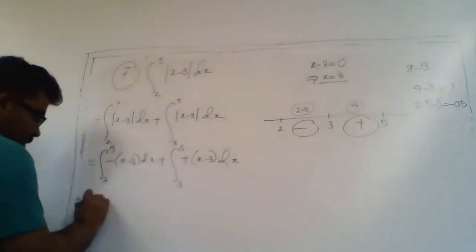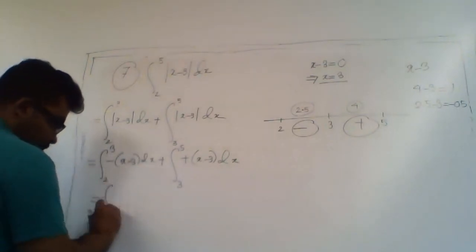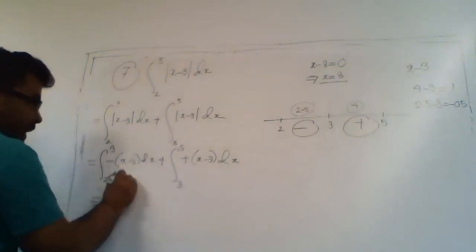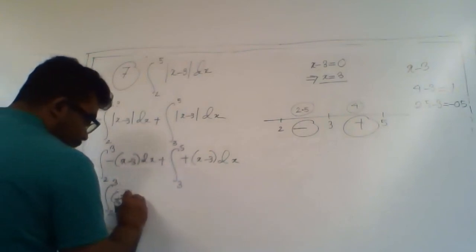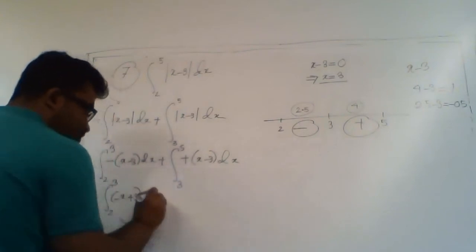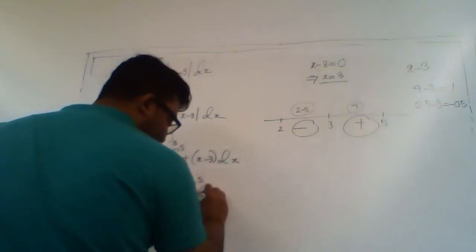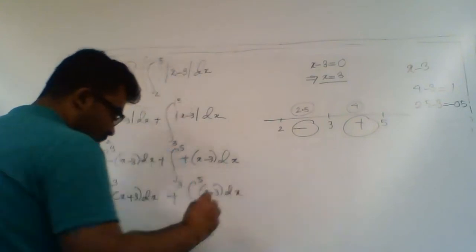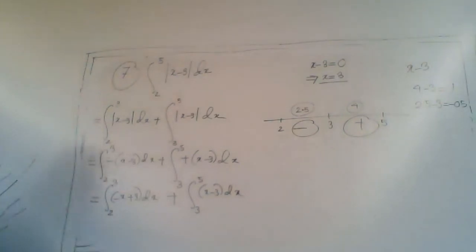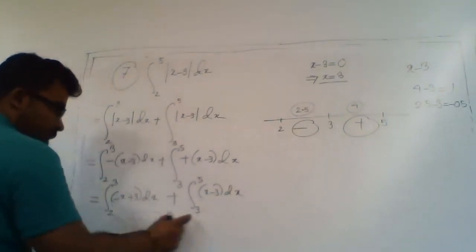So since it is minus x minus 3, it is integral from 2 to 3 of minus x plus 3 dx plus integral from 3 to 5 of x minus 3 dx. Now we evaluate these two.